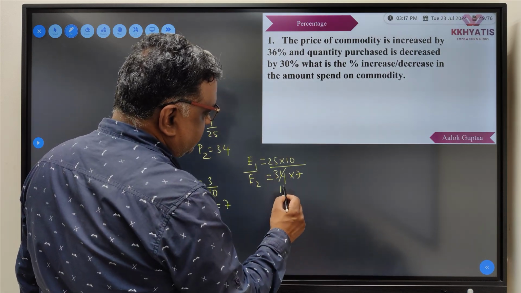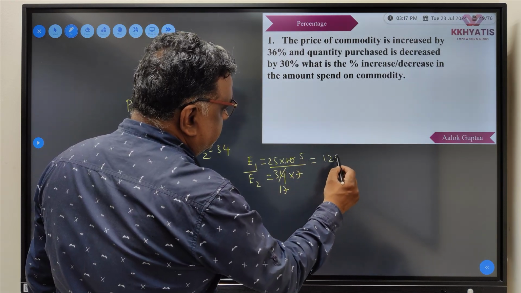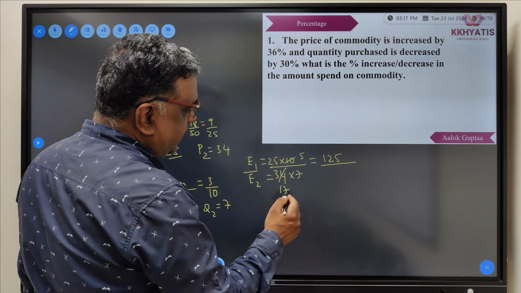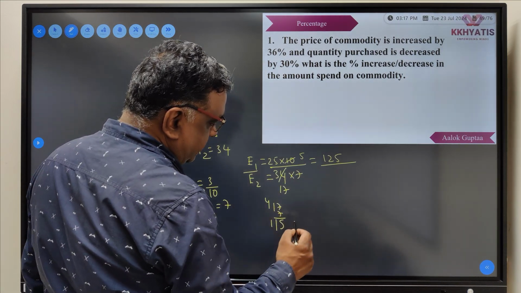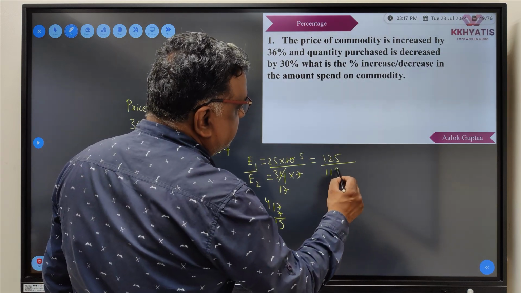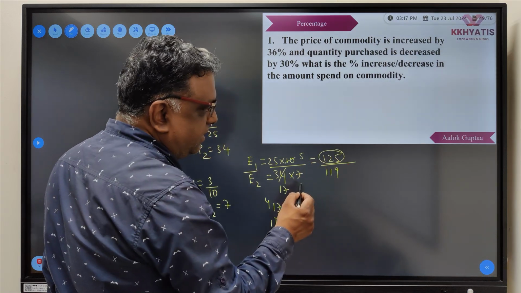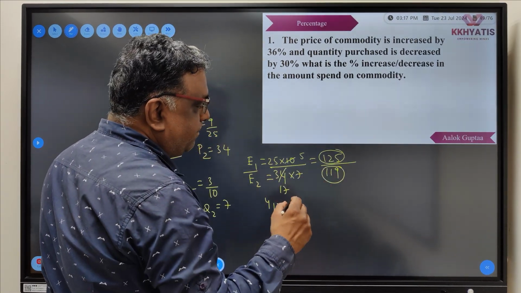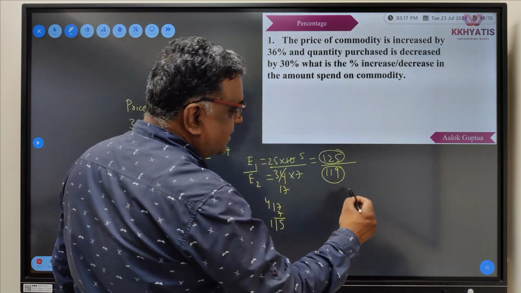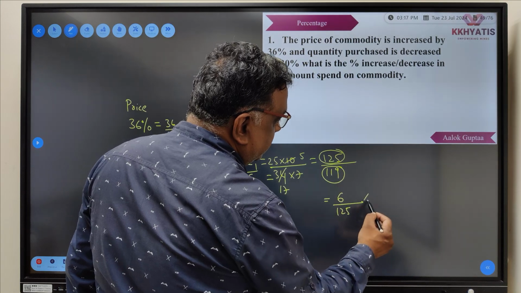So earlier my expense was 125 and the new expense is 17 into 7, which is 119. So my expenditure was 125, my new expenditure became 119, which means there was a decrease of 6 over the previous value into 100.